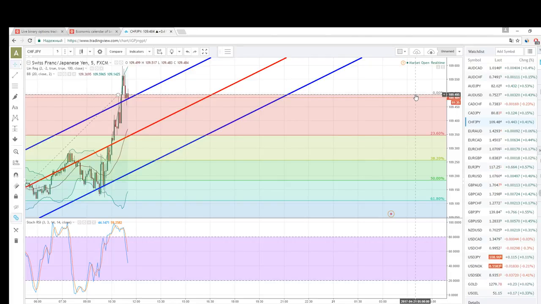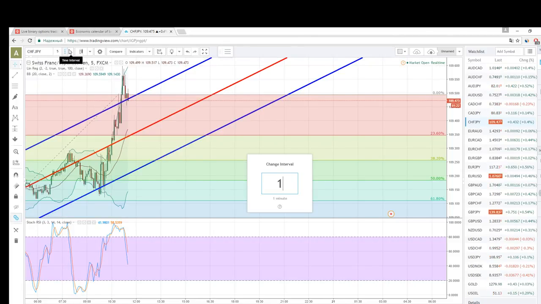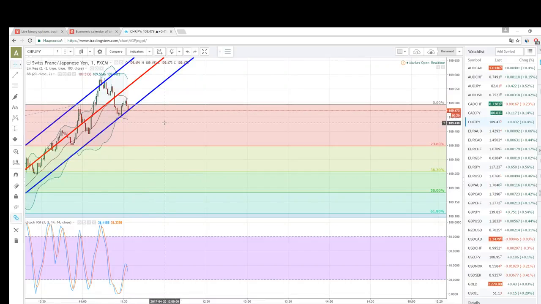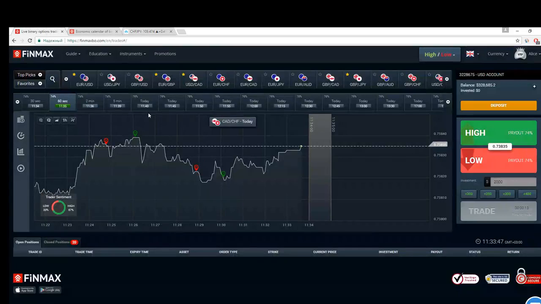Okay, here we have also like pretty interesting situation. For 5 minutes there is the probability that price is gonna keep testing, but I believe for the short time frame we can enter for low here, Swiss franc to Japanese.